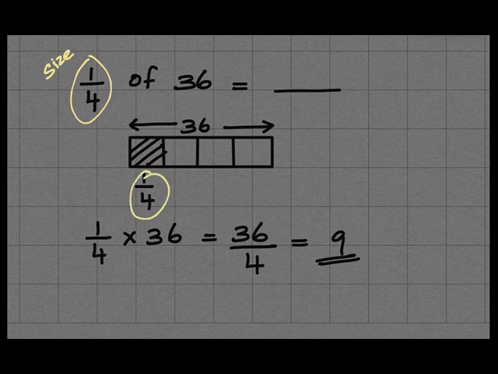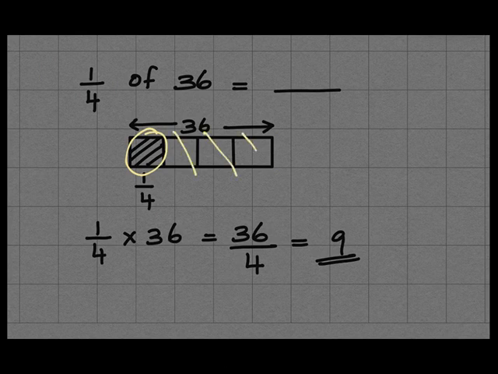We partition the total into fourths. So make 4 equal boxes like so. And 1/4 is one shaded portion of the total. If you see here, only one box is shaded and the rest of the boxes are not shaded. The total number of boxes is 1, 2, 3, 4. That is how we show the fraction 1/4 in a tape diagram.